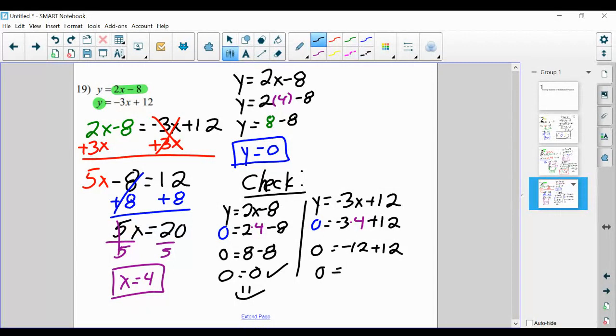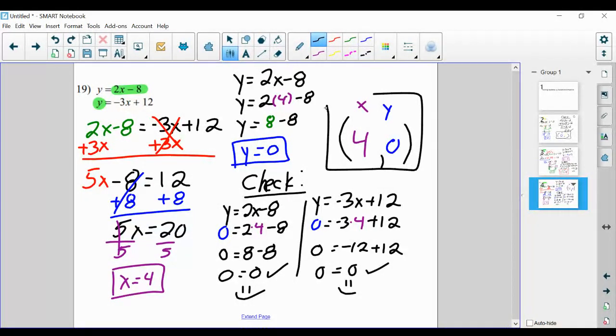And negative 12 plus 12 is indeed 0. So our final answer, again, it's always our x, comma, our y. Our x is 4, and our y is 0. So our final answer is 4, 0. That's the solution to our system.